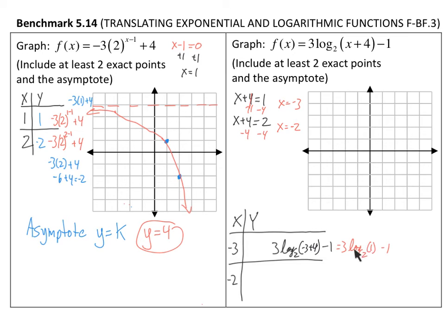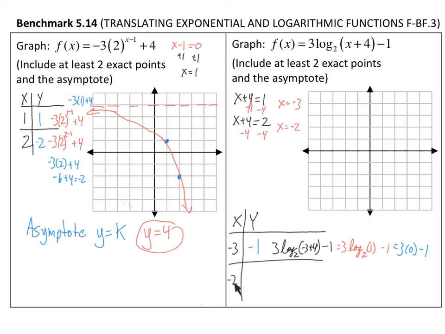Now this right here, you have to find the value of before you multiply the 3 on. And this is saying 2 to what power is 1? Oh, that's 0. So this is going to be 3 times 0 minus 1, which I hope that's simple arithmetic for you. That 0 minus 1 is -1.